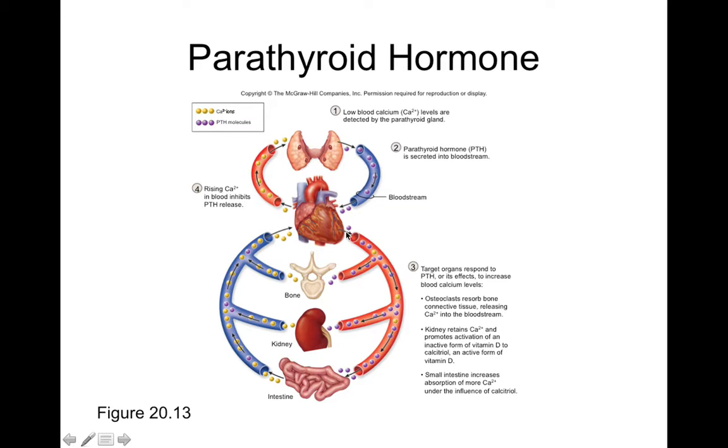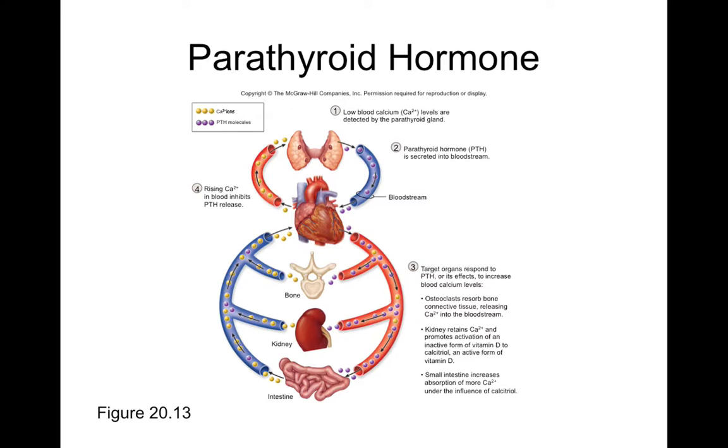That gets pumped throughout your bloodstream, and the first of the 3 main effects is that it increases osteoclast activity in your bones. Remember, osteoclasts were the cells that break down bony matrix. If parathyroid hormone stimulates osteoclast activity, you're increasing bone resorption or breakdown and thereby liberating calcium into your bloodstream, so it's going to increase your blood calcium levels.